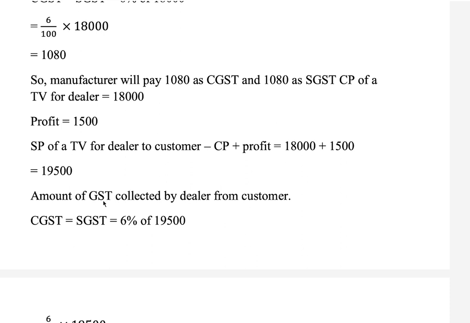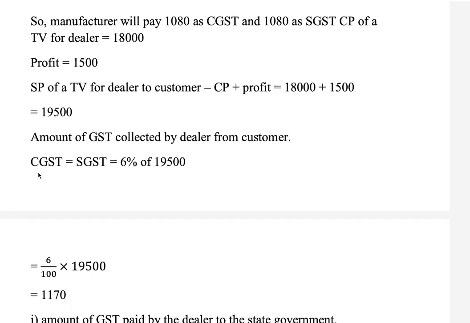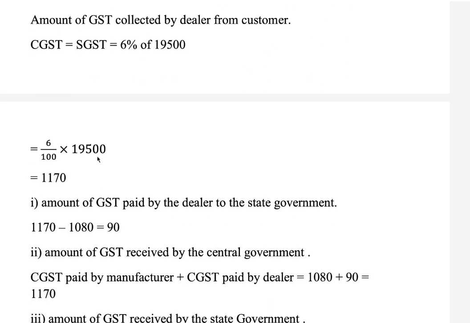So the amount of GST collected by the dealer from the customer, CGST equals SGST equals 6% of 19,500, that is 1170.